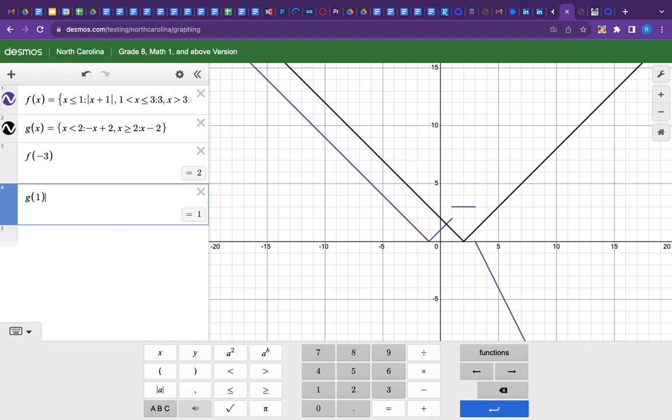And then if you want to evaluate crazy stuff, like for example, negative 4 times f of 6 plus 3 times g of 7 minus 2 times f of negative 3. Again, the hard part is just typing in your two functions up here. No matter what they tell you to evaluate, there you go. You just type it in, it gives you the answer. So that one would be 35.